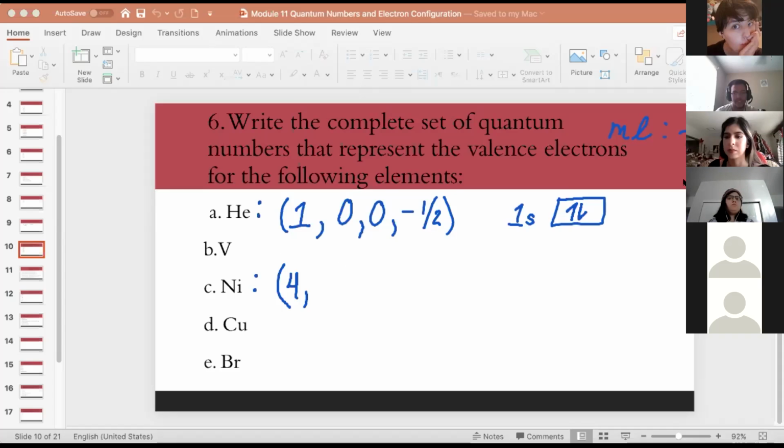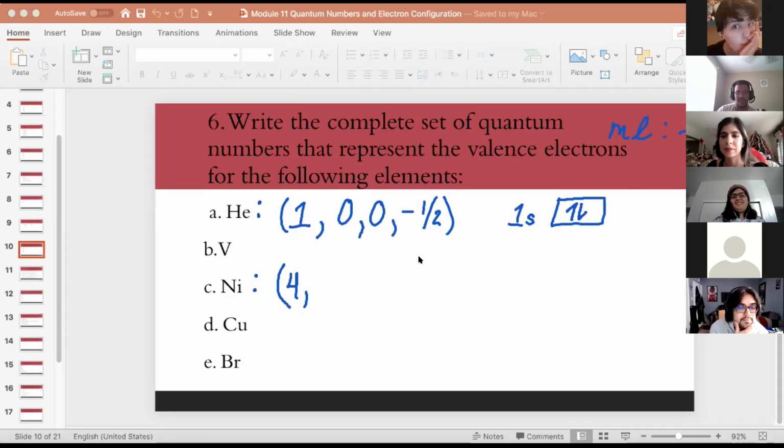Can I jump in real quick? Yes, go ahead. So obviously we figured out that n is based off the rows, but I don't know if we went into detail with this. A really simple way to figure out L is, since we know that S has 2 electrons, the first 2 columns are going to be S. So those first 2 will always have L of 0, and then P we already said is 1, and P has 6 electrons in it.